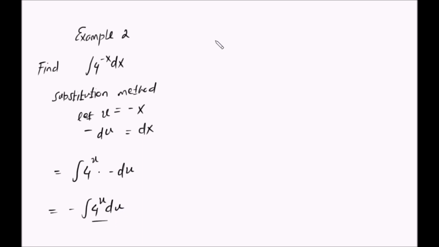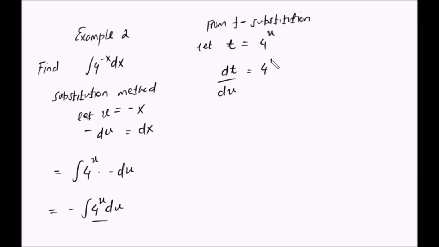Now I can use substitution method again. So mara ya kwanza tumetumia u substitution, sasa hivi mara ya pili tutumie t substitution. So I'm gonna let t ni sawasawa na 4 per u kama nilivyofanya in the previous example ambayo ni let u sawasawa na 2 per x. So dt nikidifferentiate u with respect to u, I only get 4 per u ln 4. So hii tulisoma kwenye ile differentiation. Nita provide link ya jinsi ya video ambayo inaeleza jinsi ya kudifferentiate hii.